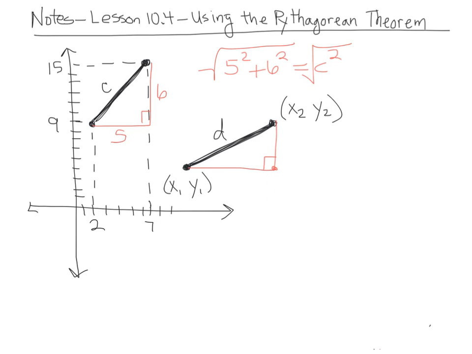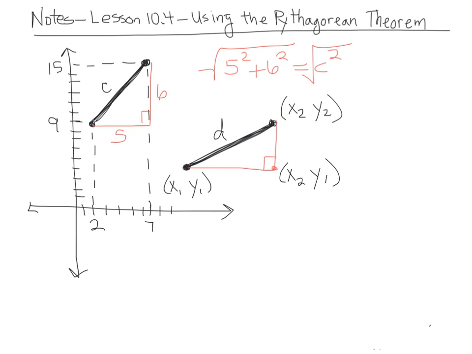So to get to this one, I'm going to go over not x1, but all the way over x2, but only up as far as this. I'm going over x2, but only up this far. So that point's going to be x2, y1.